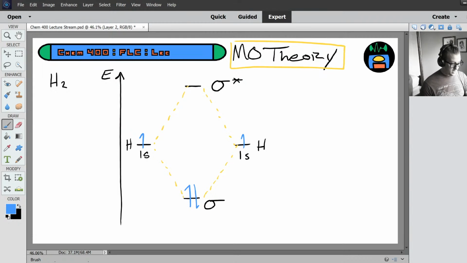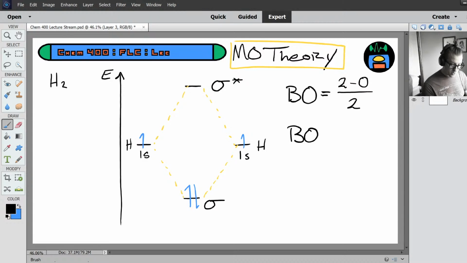All right. We introduced the idea of bond order, right? Whether it's a double, single, or triple bond. And we said that the bond order between two atoms equals the number of electrons in bonding orbitals, which is 2, minus the electrons in antibonding orbitals, divided by 2.